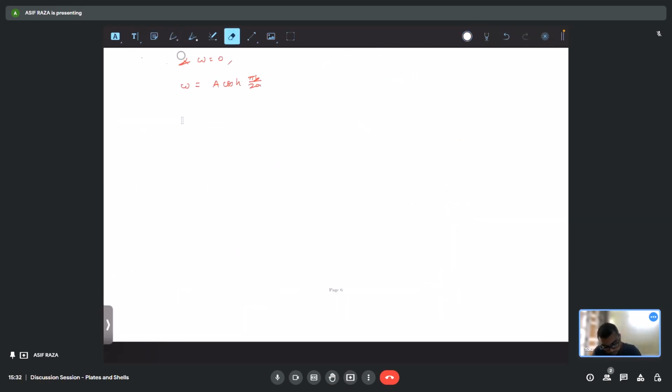Rather than that, let's find first del w by del y. So del w by del y would be del by del y of A cosh(alpha pi y by a) plus B sinh(alpha pi y by a) plus C sin(pi x by a).